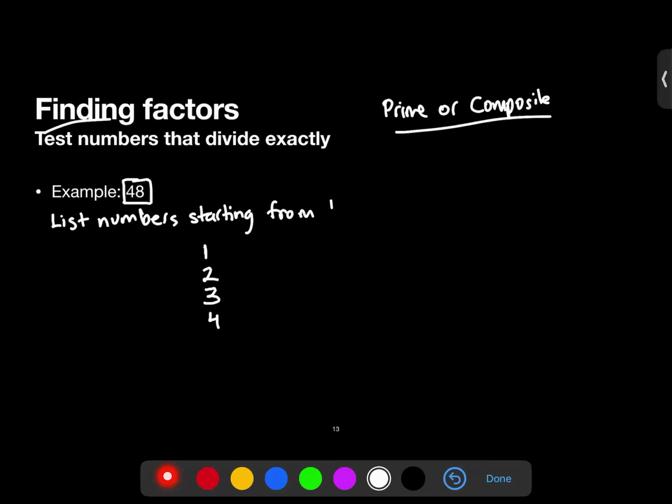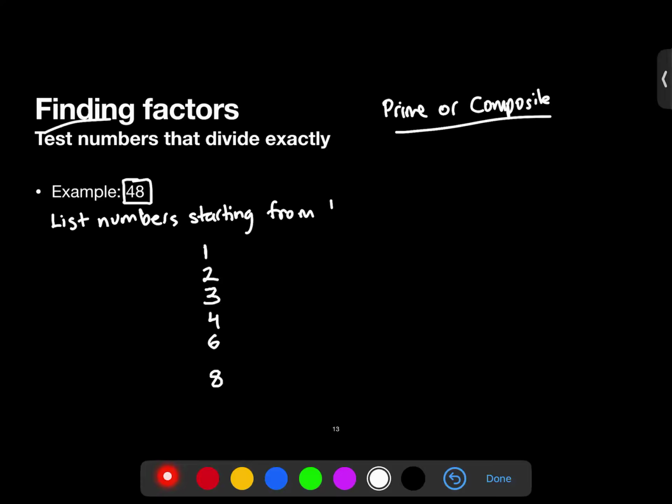Then we will move on to 6. So is 6 a factor? Correct. Then we'll try 7. 7 is a factor or no? Correct. It is not a factor. So now we'll move on to 8.